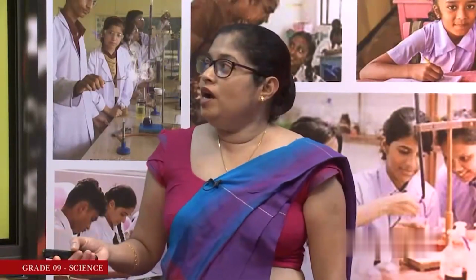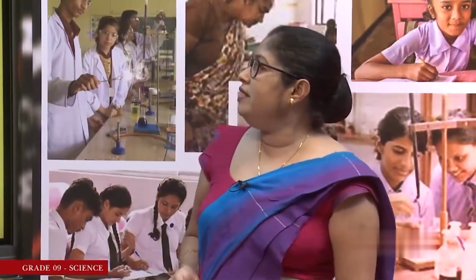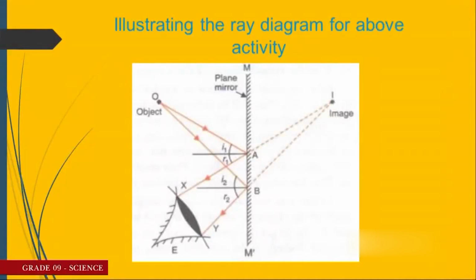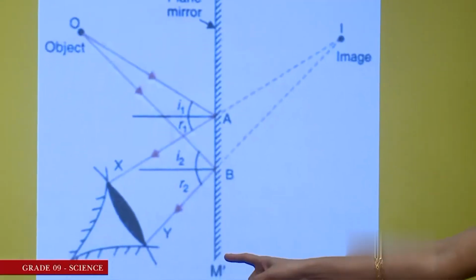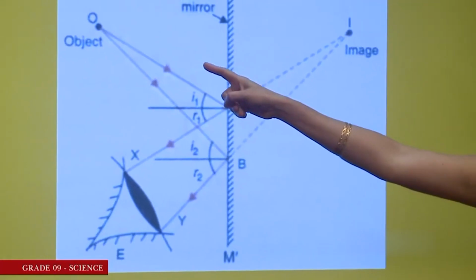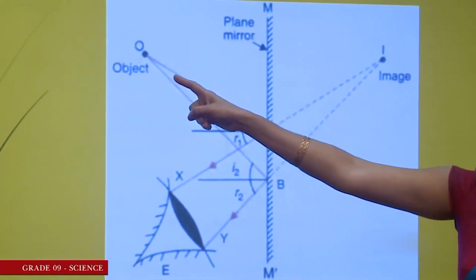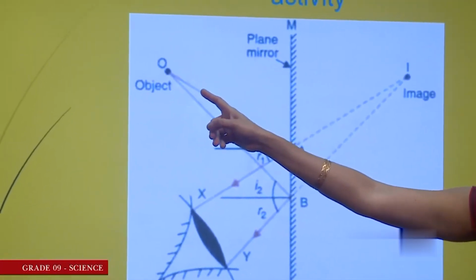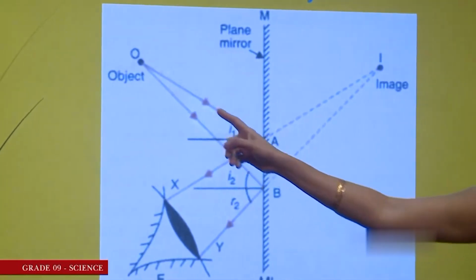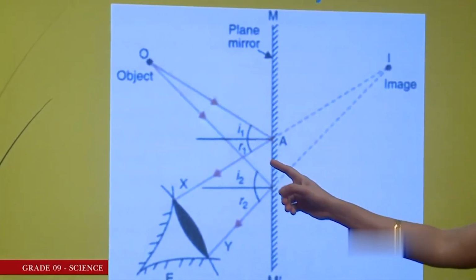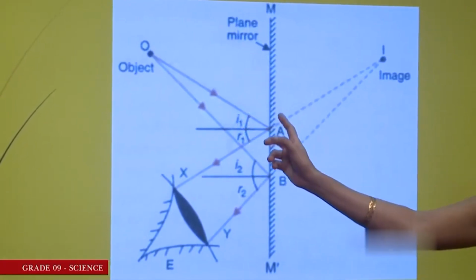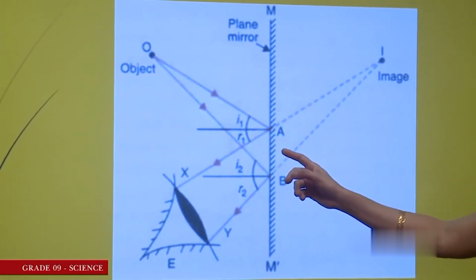Let us see how to illustrate the ray diagram for the above activity. This is the pointy object over here. You can draw the plane mirror like this and then draw the pointy object like this. Then you can draw two incident rays that are coming from the pointy object using a ruler.